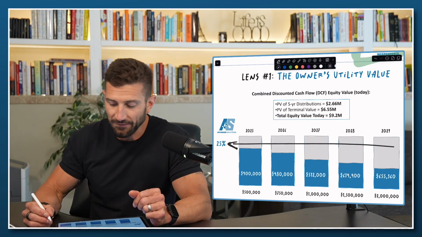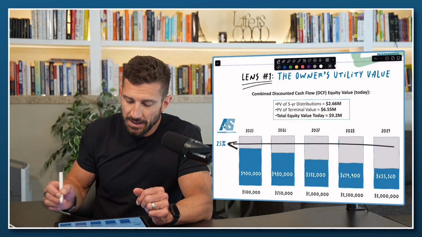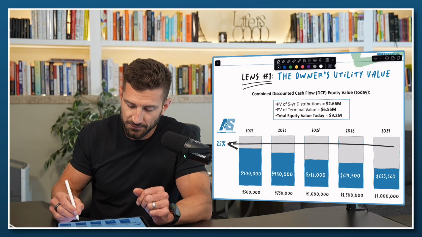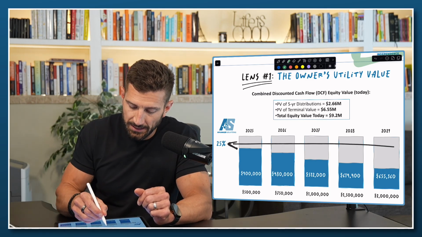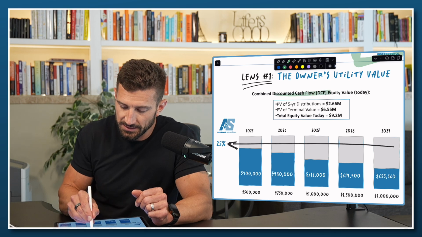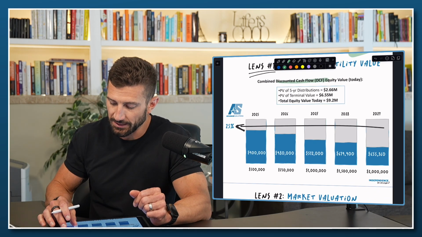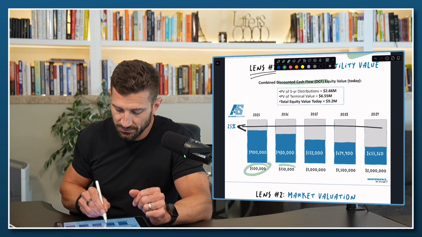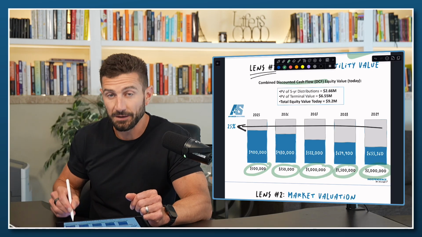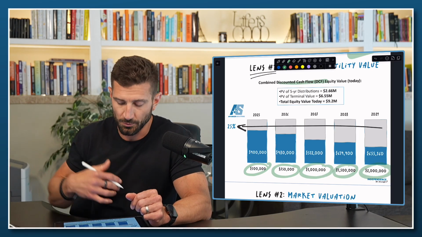So we have to start with lens 1, and this is based on the discounted cash flow. What we did is we took the stream of distributions. And again, if you want to know what I mean by distributions, go check out the owner's utility lens.